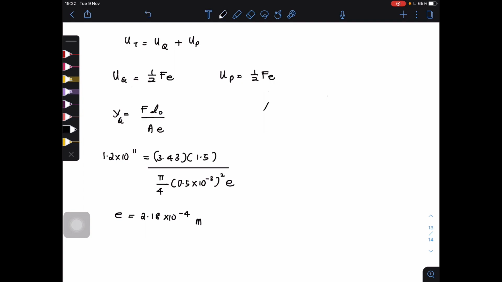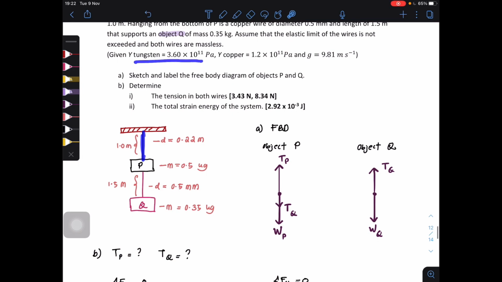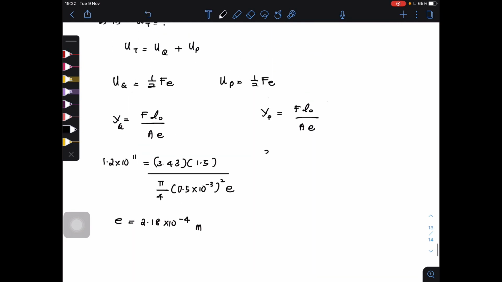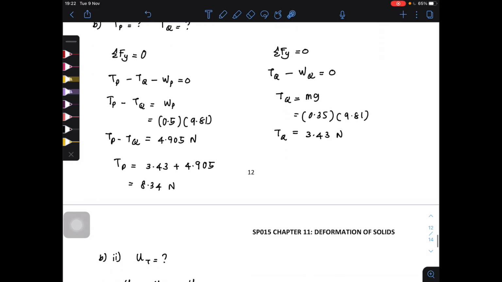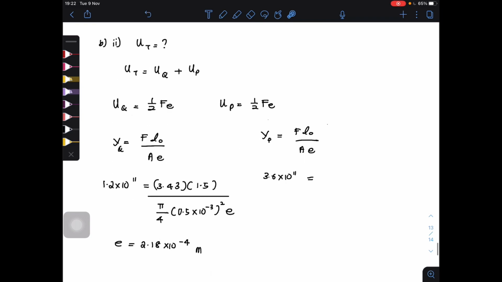Now untuk P. So YP gunakan formula yang sama. FL0 divided by AE. So P tadi kita gunakan, the material here is tungsten. So this is the value, 3.6 exponent 11, equal to the force of the P, which is, where is it? This one. Okay, WP adalah sama dengan mg, mass of the P times with gravity.